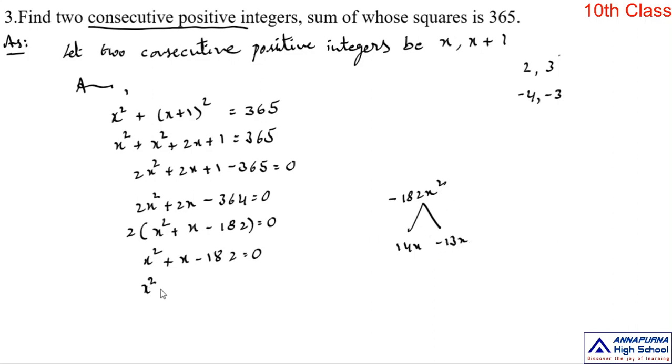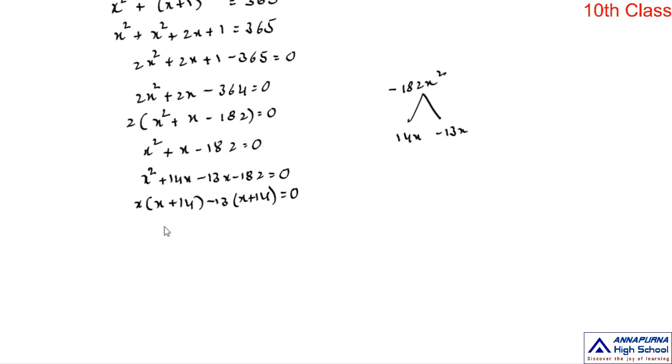So x square plus 14x minus 13x minus 182 is equal to 0. From the first two terms, x is a common factor, so x into (x plus 14), and from the last two terms, minus 13 is the common factor, so minus 13 into (x plus 14) is equal to 0. So (x plus 14) into (x minus 13) is equal to 0. That means x plus 14 is equal to 0, or x minus 13 is equal to 0.